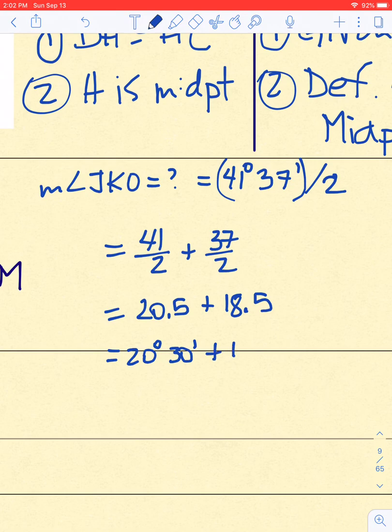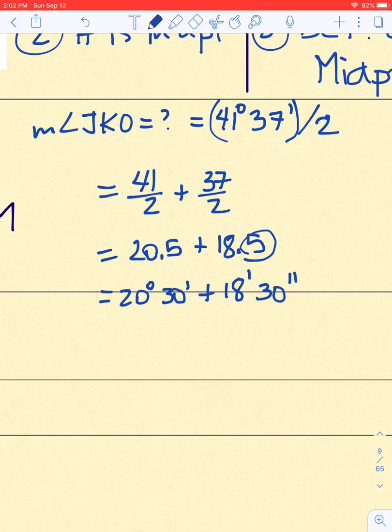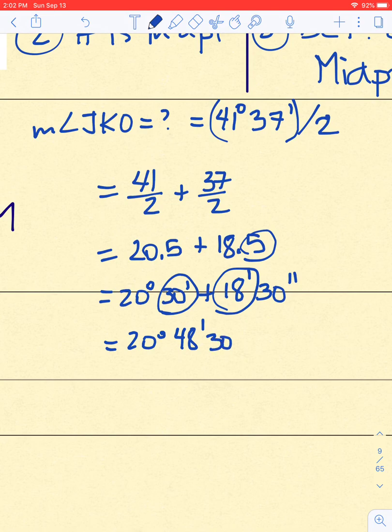So I have 18 minutes, and then again half of a minute, which is 30 seconds. Now adding these up, this is minutes and this is minutes, so I have 20 degrees, 48 minutes, and 30 seconds.